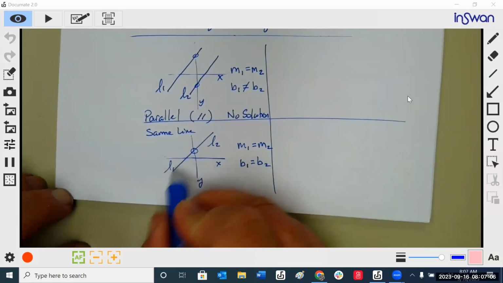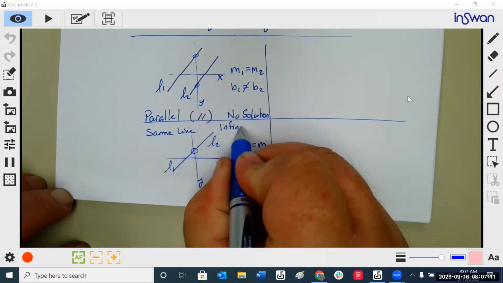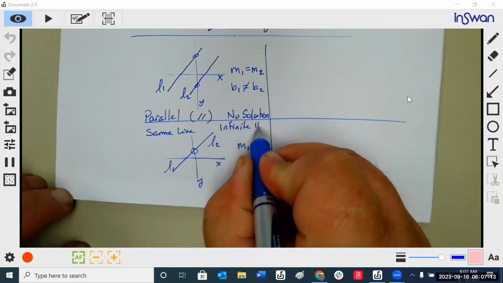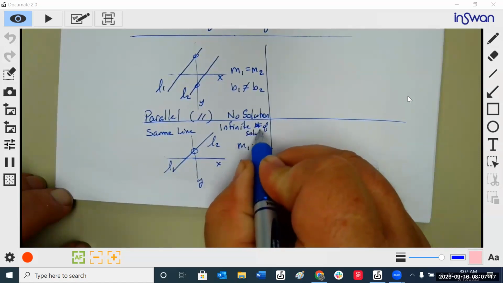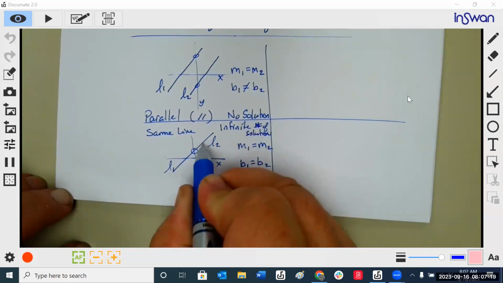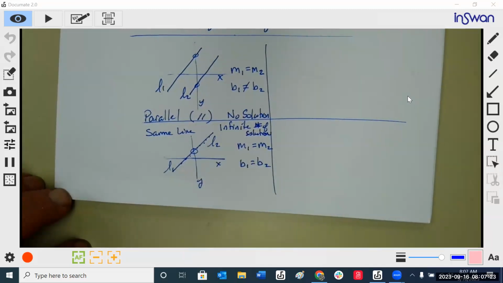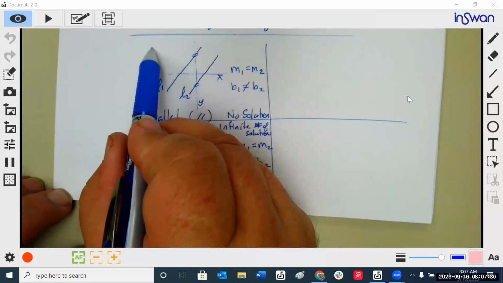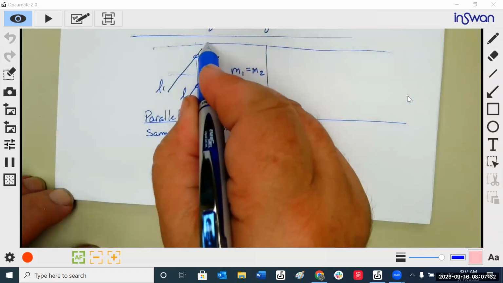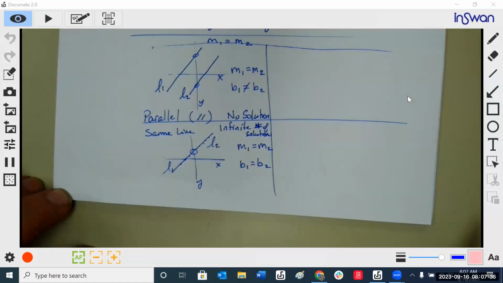If they are the same line, then they have an infinite number of solutions because each point is a solution. So these two are when the slopes are the same.